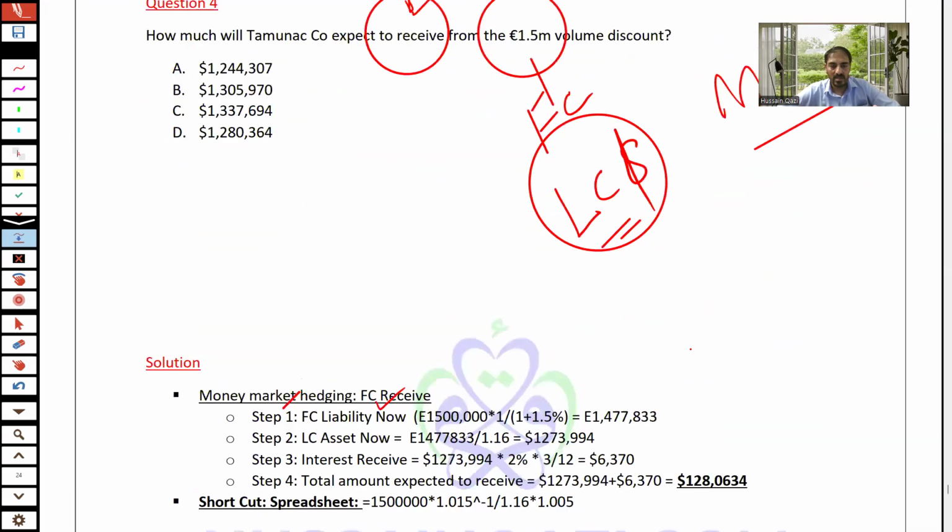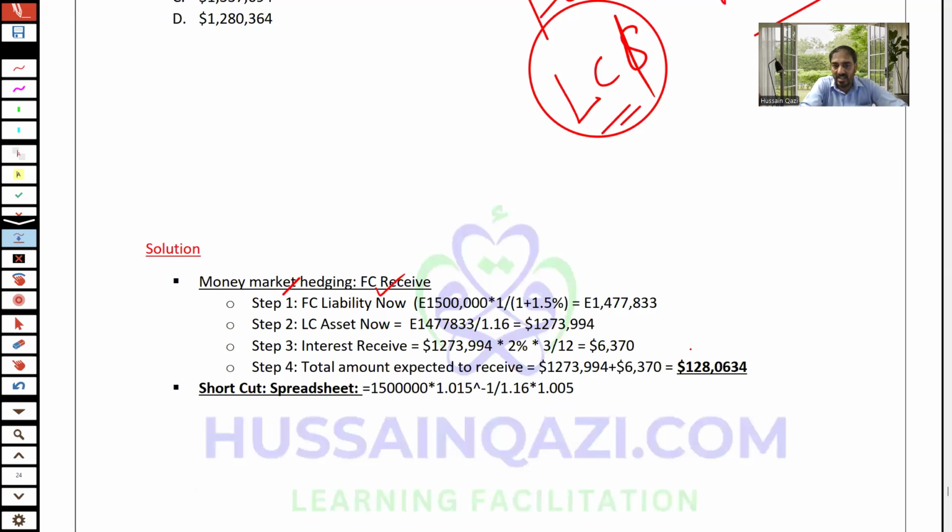Very simple. Step 1, foreign currency liability. You have to develop a liability in such a manner that the amount you borrow now becomes 1.5 million euro after 3 months. So apply the concept of present value. So 1.5 million euro, the present value at 1.5%, that is the proportionate rate as I have done earlier.